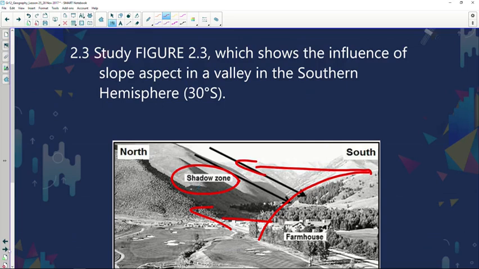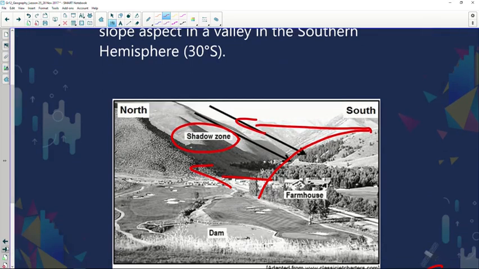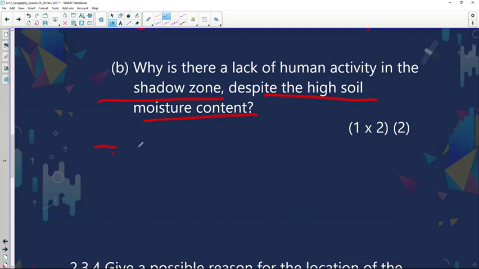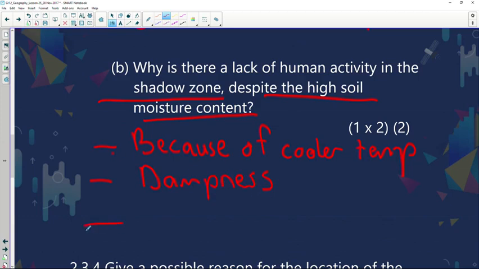So let's quickly write down our findings from the figure. Because of cooler temperatures in the shadow zone, dampness being experienced because there's more moisture, and lastly, you can see the gradient is quite steep. So I'm just going to write a steep gradient.